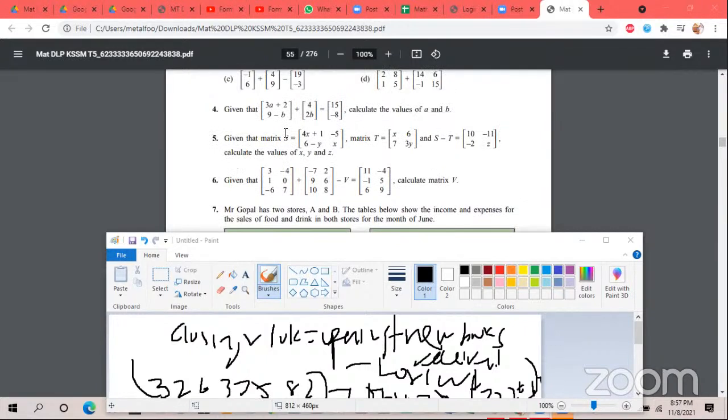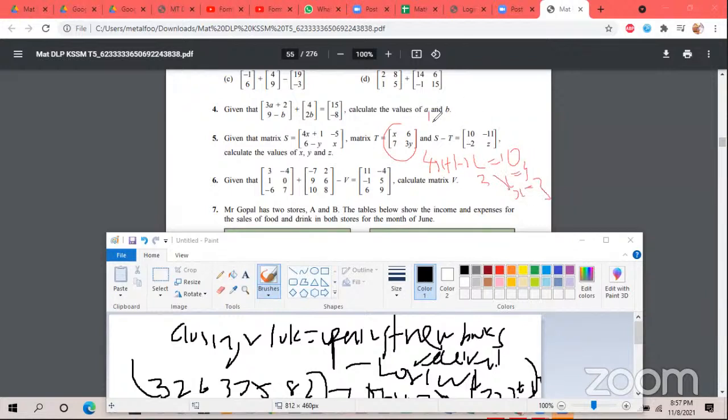Yeah, I'll do one more. Given the matrix X equal to 4x plus 1, -5, 6 minus y, x, matrix equal to this, and minus 3 equal to 10, -1, -2, z. Calculate the values of x, y, and z. So 4x plus 1 minus x equal to 10. So it will be 3x equal to 9, x equal to 3.